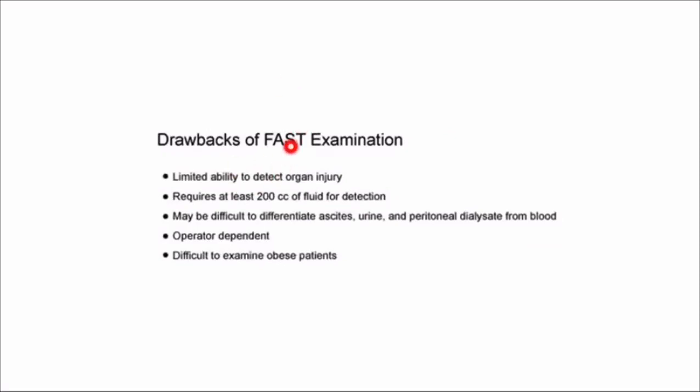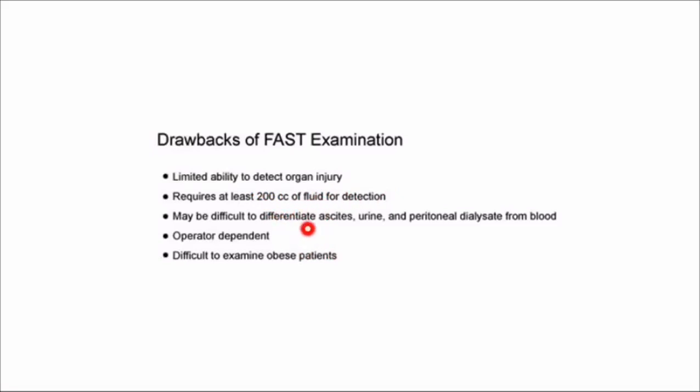These are the common drawbacks of the procedure. It has a limited ability to detect organ injury, especially of the liver, pancreas, or spleen, which is usually easily detected by CT. It usually requires a 200 cc volume of free fluid collection for it to be detected accurately.